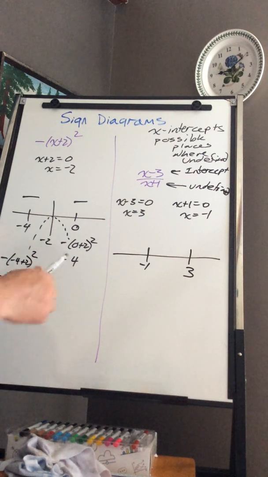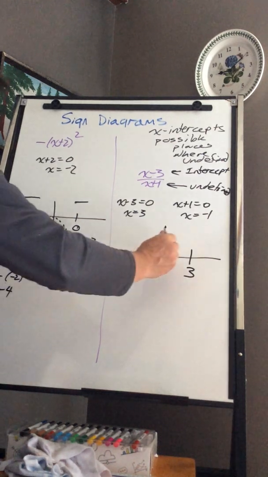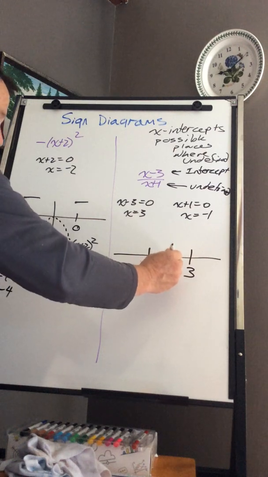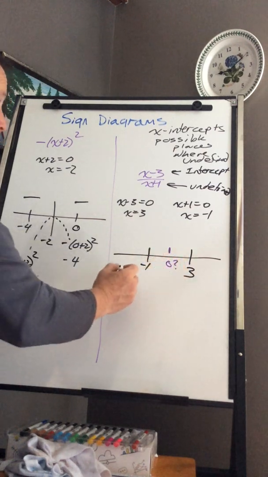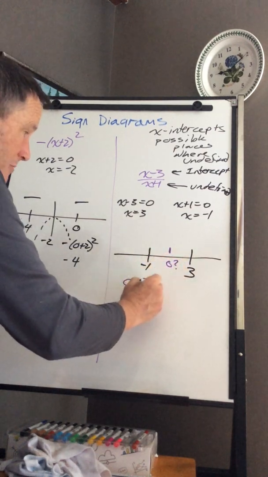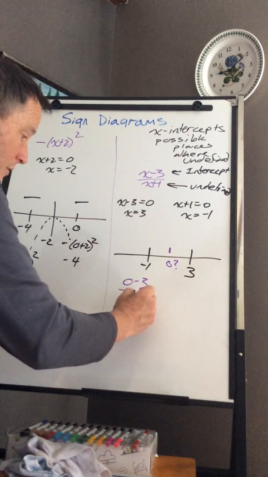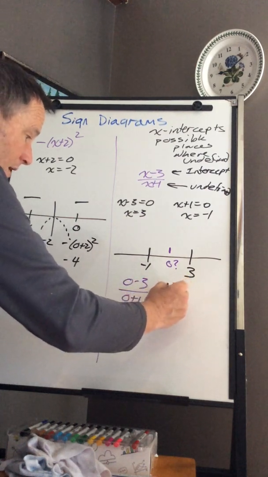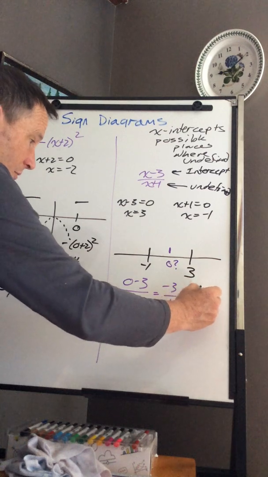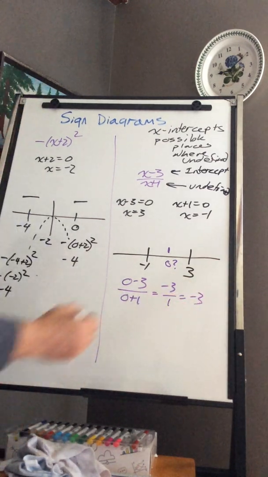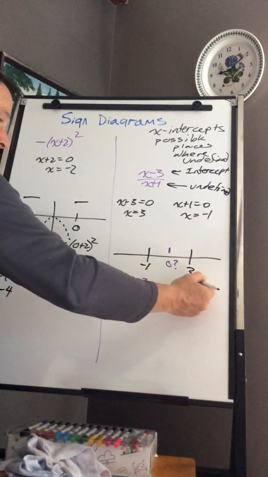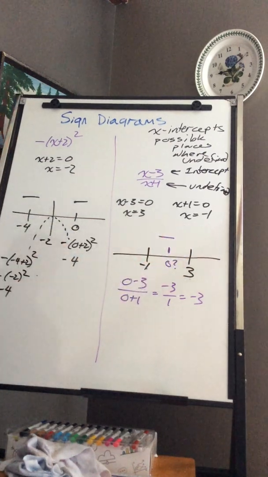So let's pick 0. 0 is always a safe one. So right here, 0, question mark. So 0 minus 3 over 0 plus 1 is negative 3 over 1, which is negative 3. So what does that tell us? Between negative 1 and 3, it's going to be negative.